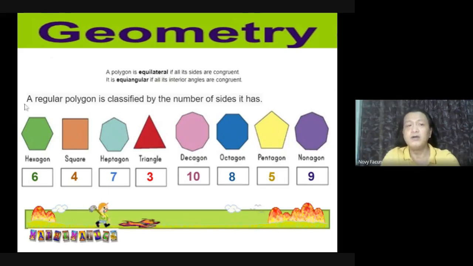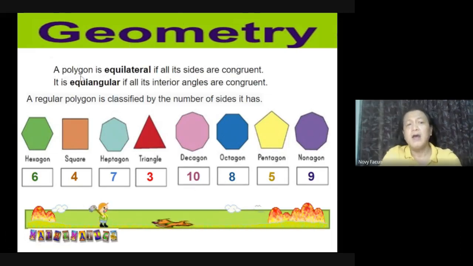And therefore, meron tayong tinatawag na a polygon is equilateral. Okay, so masasabi natin ang polygon ay equilateral if and only if all sides are congruent. Meaning to say, parehas yung kanilang measure. And also, if it is equiangular, if all its interior angles are congruent.